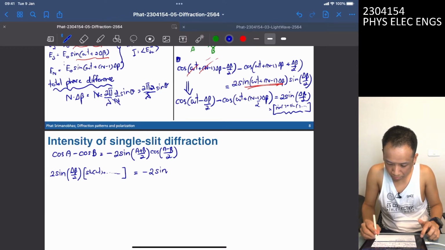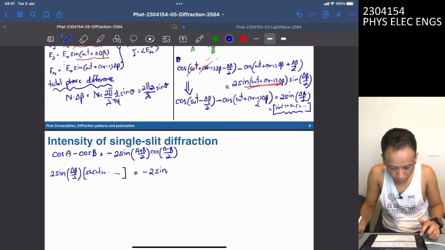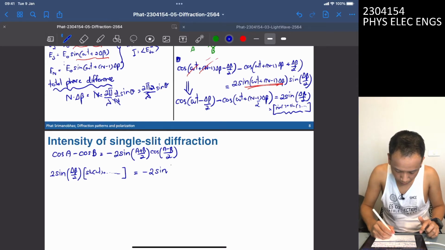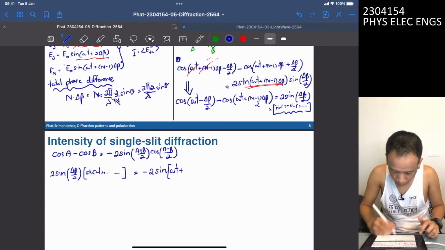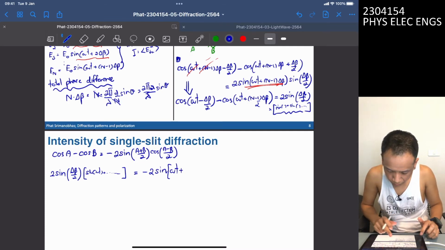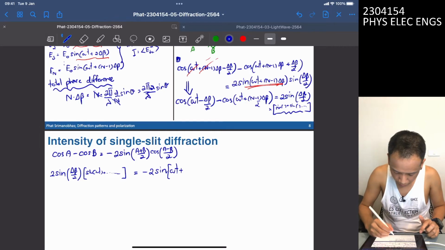This is n minus 1 and then you get plus half, so you get n minus half here. So you get 2 sine of omega t plus, n minus half and then minus another half, so it becomes n minus 1.